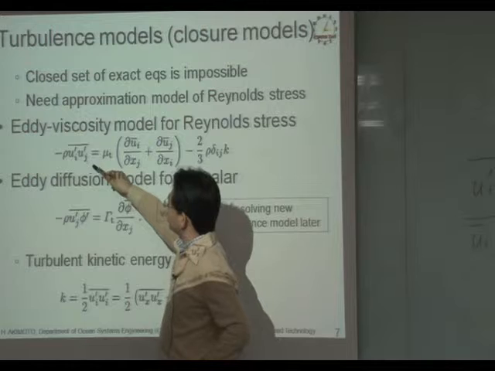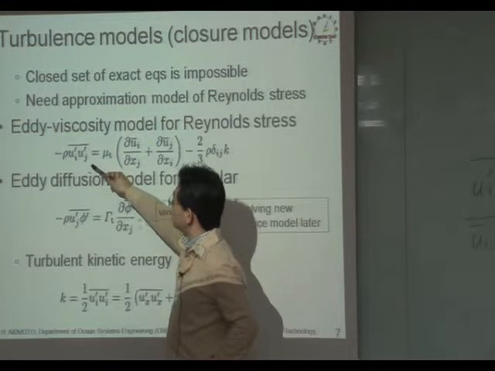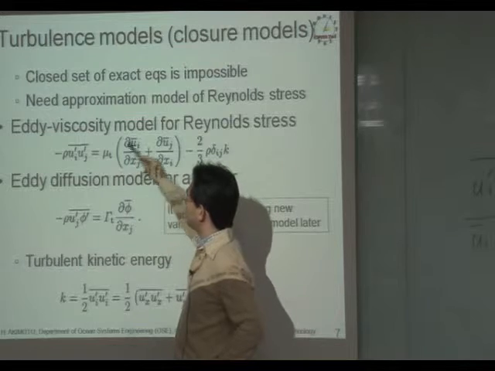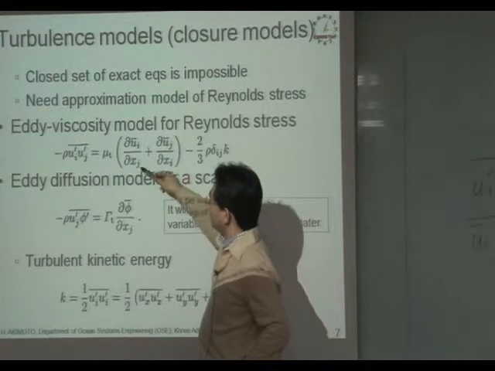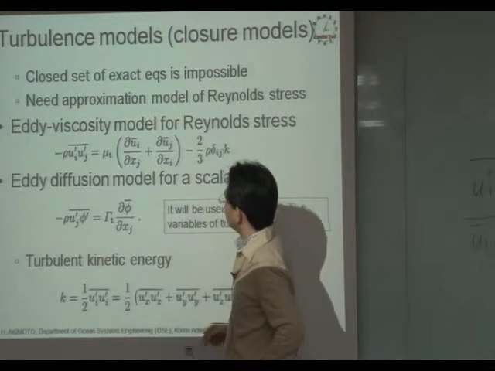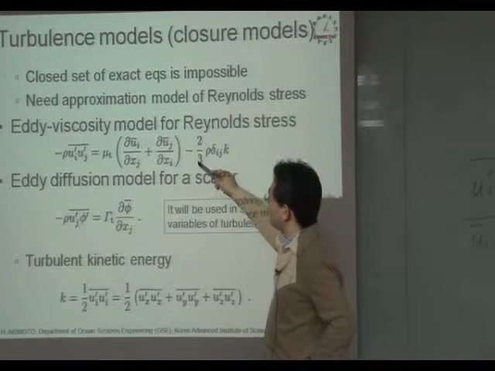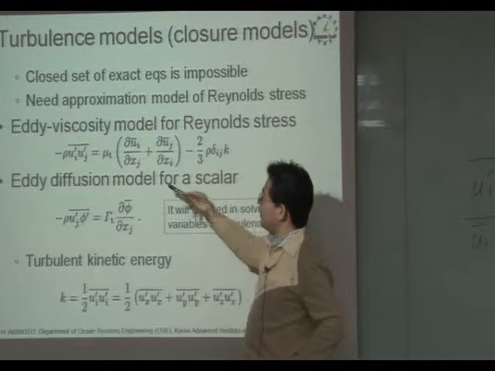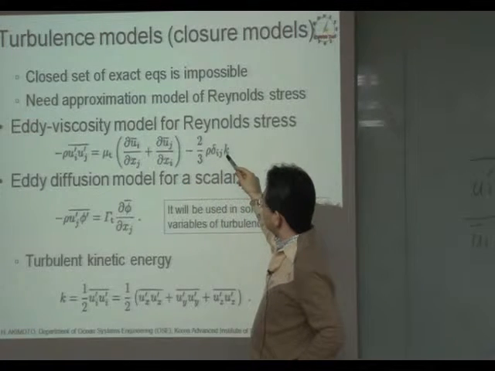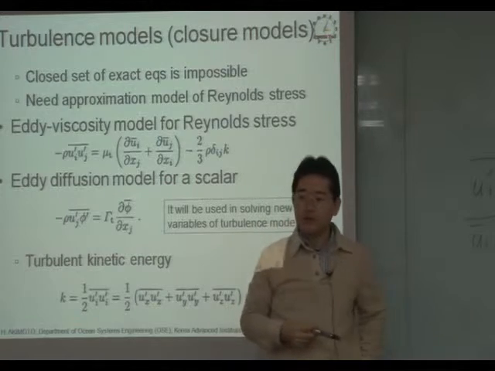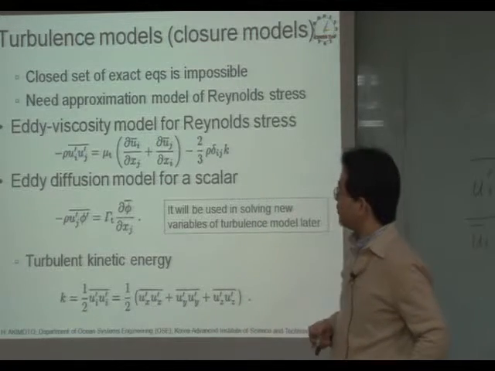This part is the Reynolds stress, and we assume it is proportional to the strain rate of the mean flow. And this part is for correcting the terms. K is the turbulent kinetic energy.